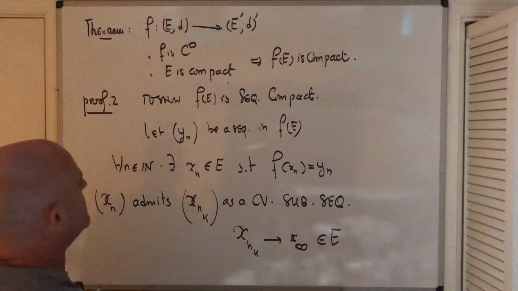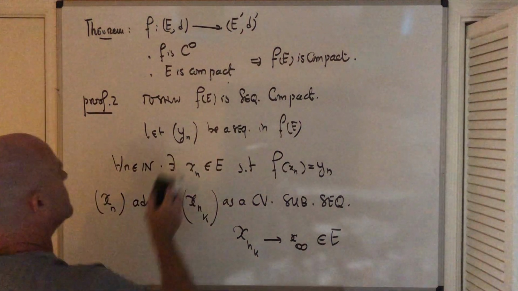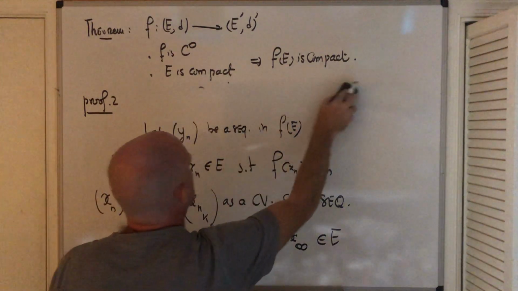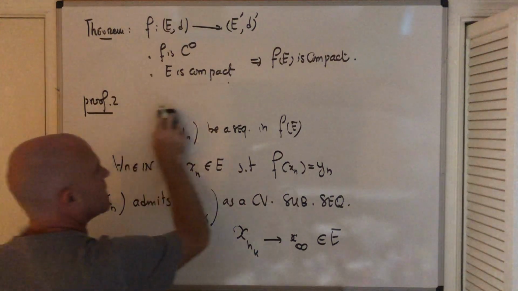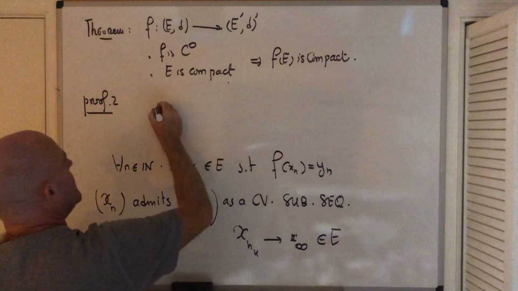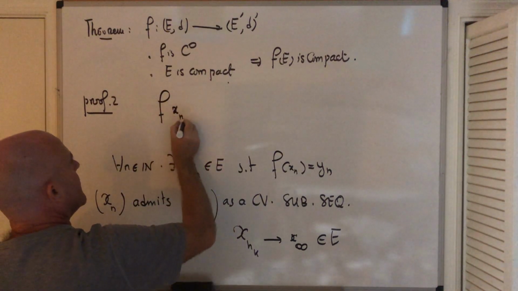So I need to erase some place. We had y_n now. Let's take f of x_{n_k}.